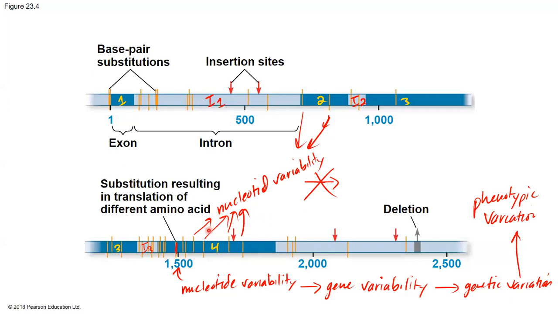Some of these substitutions cause silent mutations, so the amino acid does not change because of the redundancy in the genetic code, or they might just convert one amino acid into another of the same type. So there will be no change in the amino acid sequence or in the properties of the protein. And as a result, there will be no change in the phenotype that results from the function of that protein. Okay.